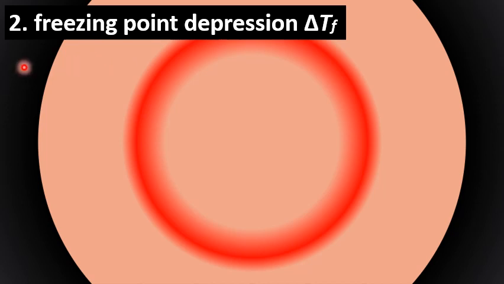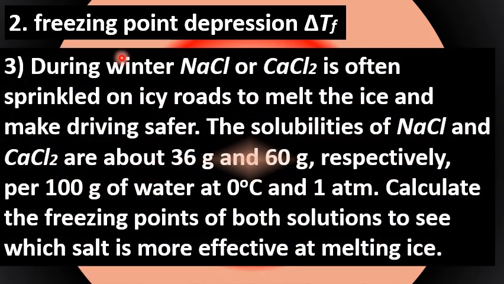Our third example is about freezing point depression delta T sub F. This is another colligative property of solutions. So we have the problem. During winter, sodium chloride or calcium chloride is often sprinkled on icy roads to melt the ice and make driving safer.